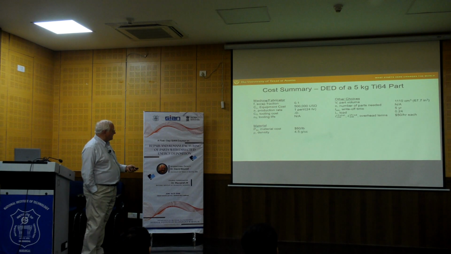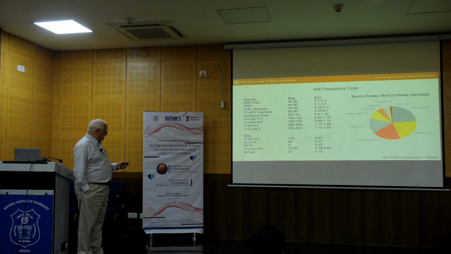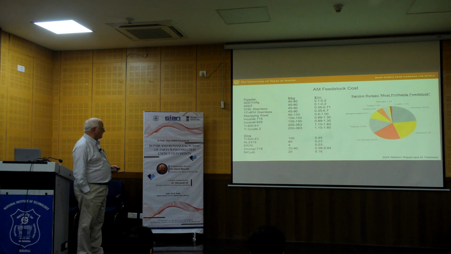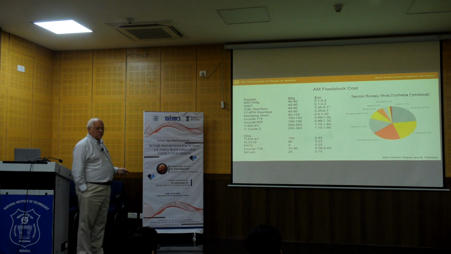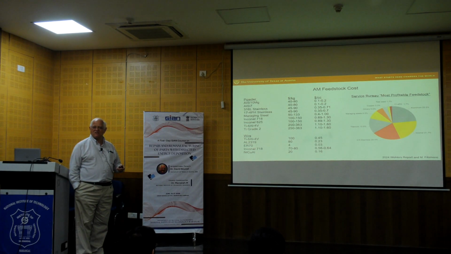Here we have typically Ti-6-4, while in powder form we're talking $250 to $360, the wire form comes down to about $100 per kilogram. Then we have the other materials as well. I forget what ER70 is. It's $4 a pound. I'm speculating it's maybe a stainless steel.